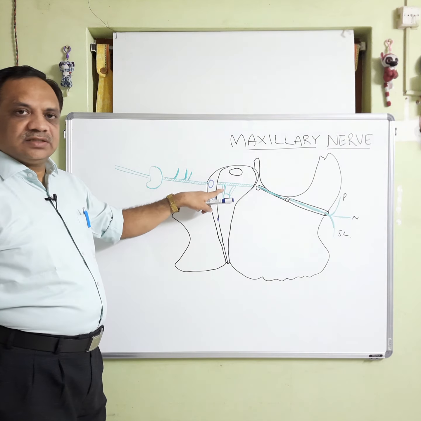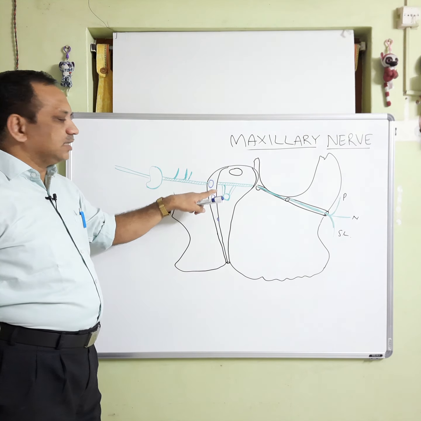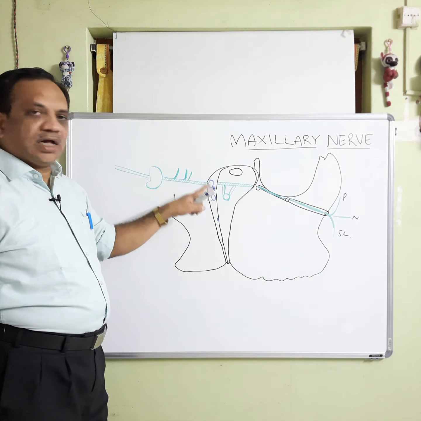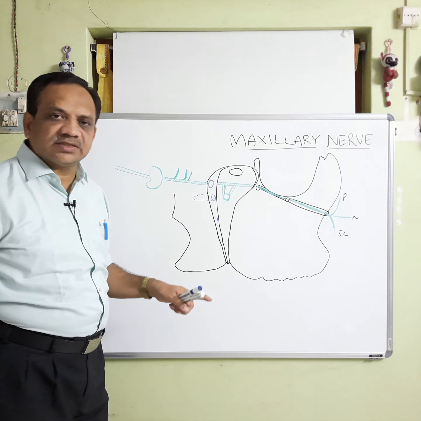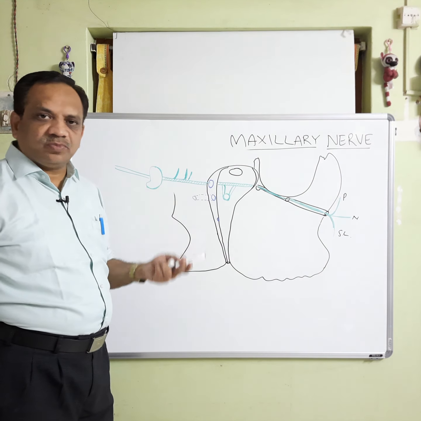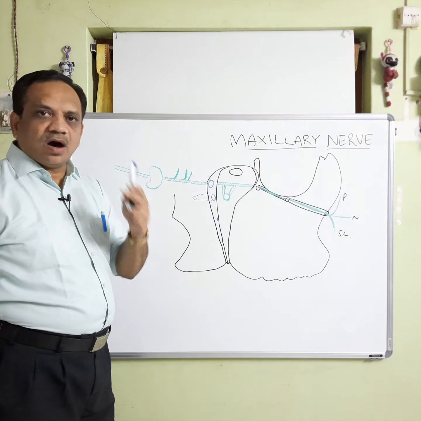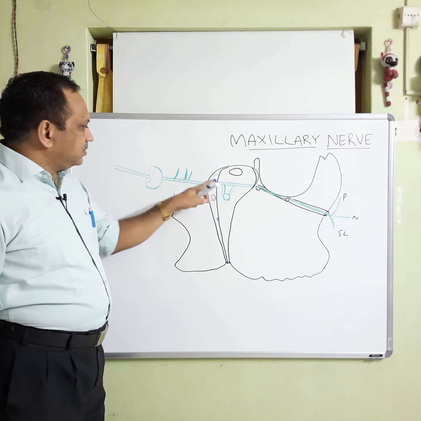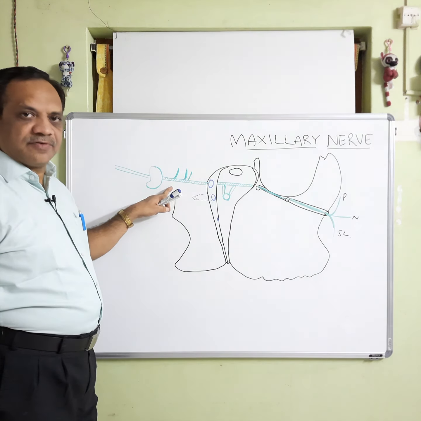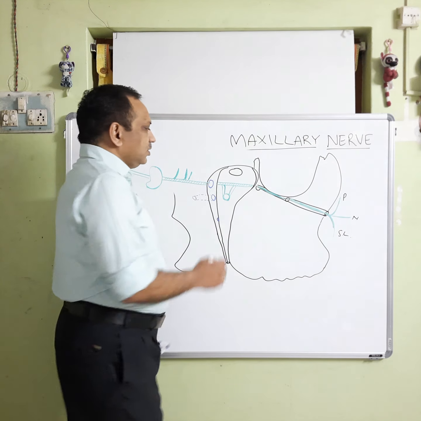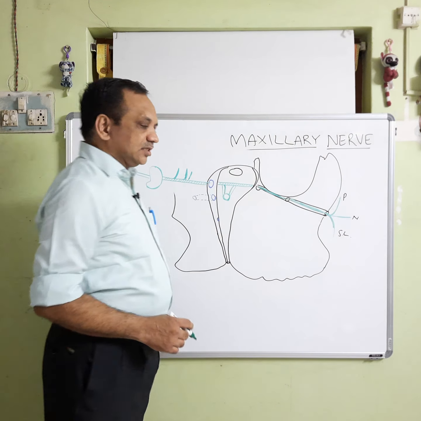These branches not only carry the secretomotor fibers, but also carry the sensory fibers from the nose, soft palate, hard palate, and orbit to the main maxillary nerve. Okay. So, these are the ganglionic branches.